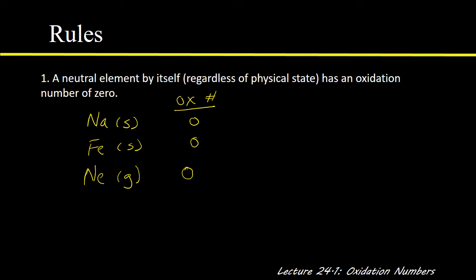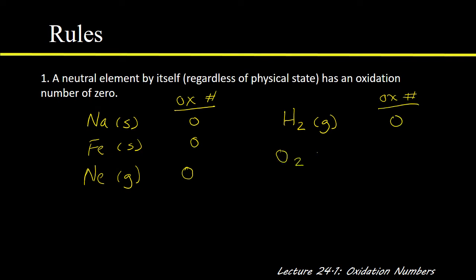But the oxidation number here would still be 0, right? It doesn't have to be monatomic. You can have something like hydrogen, right? As long as it's an element by itself and it doesn't have a charge, then its oxidation number is still 0.